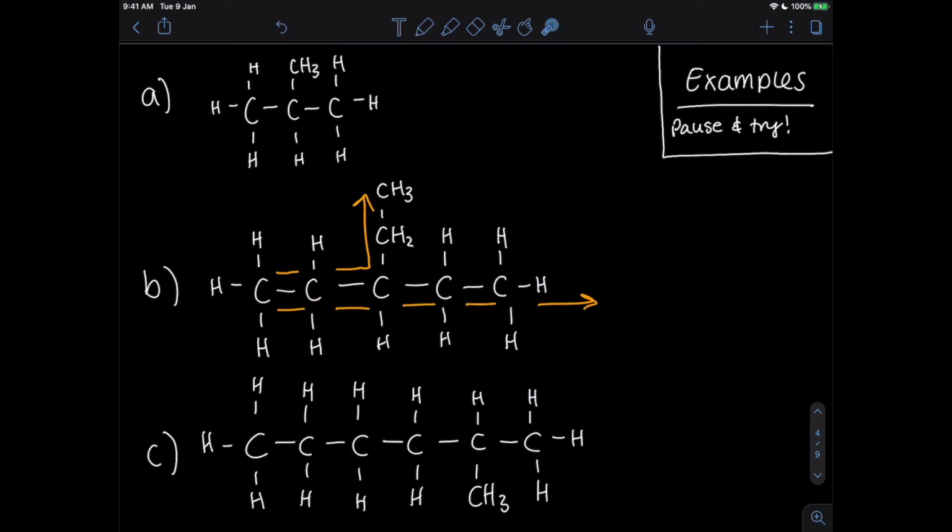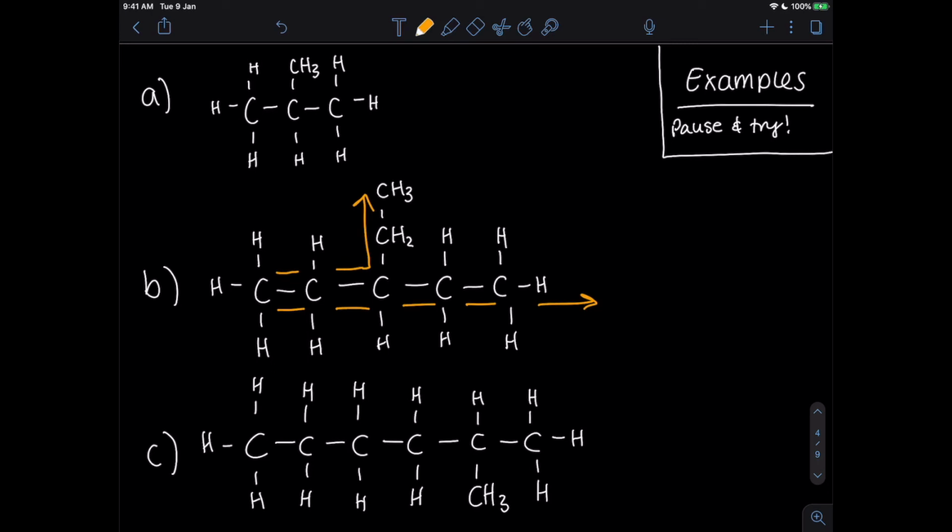So 1, 2, 3, 4, 5. They've both got 5 carbons, so it doesn't really matter which one I choose. But if this one had an extra carbon here, my longest chain would actually be 1, 2, 3, 4, 5, 6. So it's important to look at how they've been drawn and to work out the longest unbroken chain, but we'll get into that more in the next video.